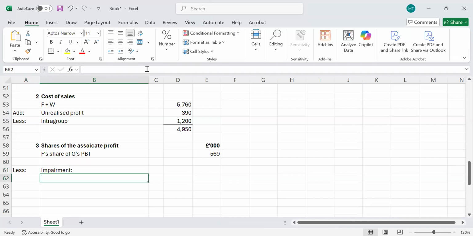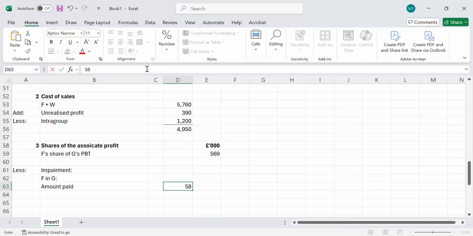So we will look for the parent's interest in G, that is how much amount was paid. It says in note 2, when the 25% holding was acquired, the parent paid 580,000 pounds. So we put this 580,000 pounds here.